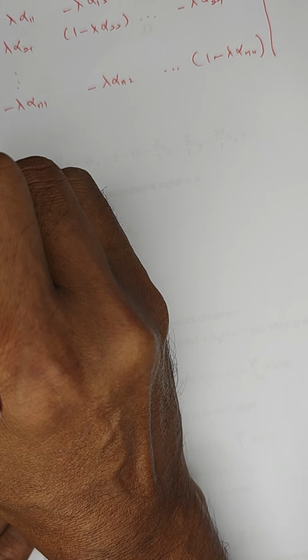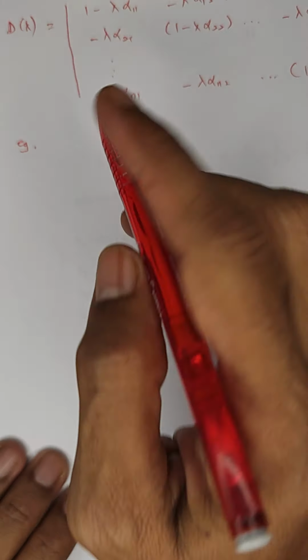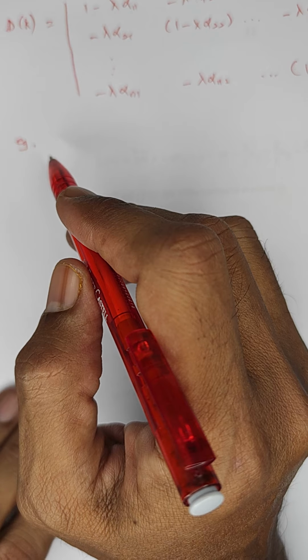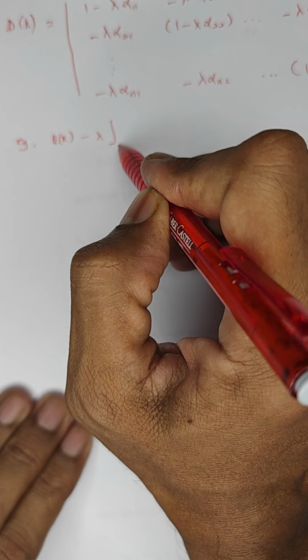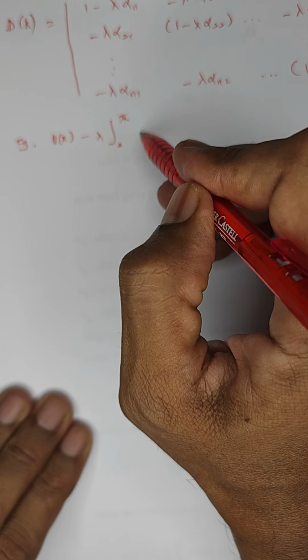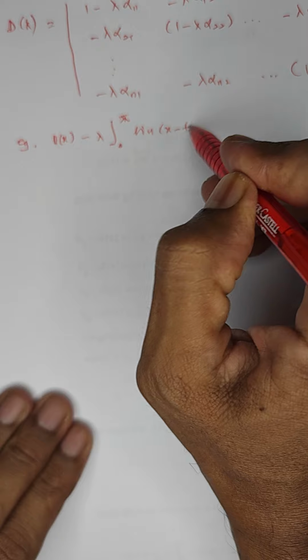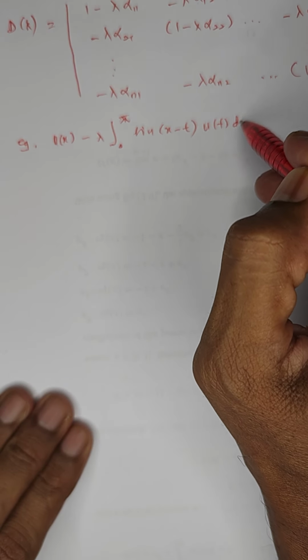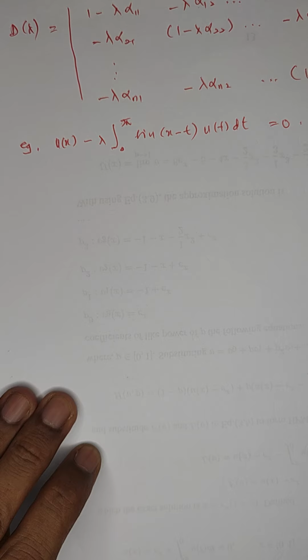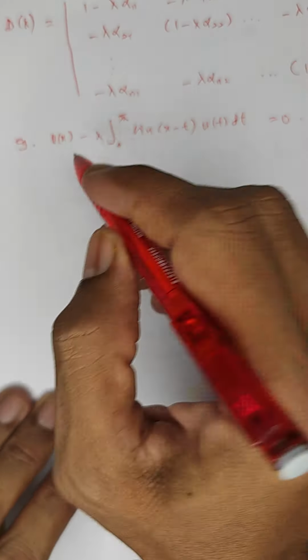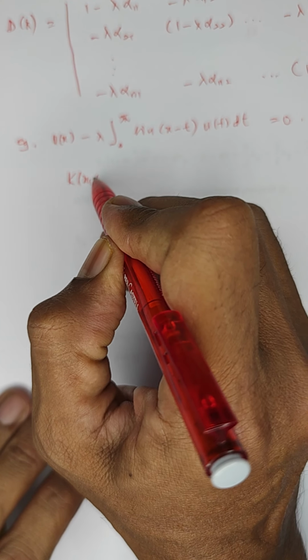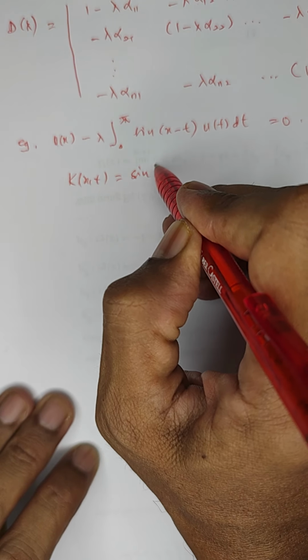Let's say we want to solve the equation u(x) minus lambda integral from 0 to 2 pi of sin(x minus t) u(t) dt equal to 0. Our kernel K(x,t) is given as sin(x minus t).